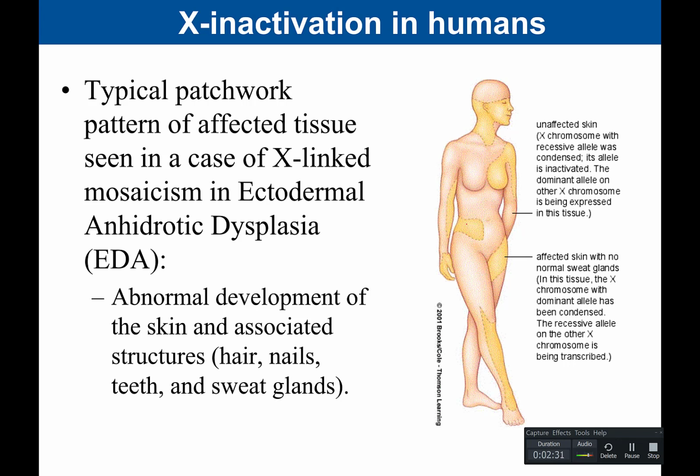In some of her cells that lead to her cones, she might have her good X chromosome inactivated and her colorblind allele expressed. In that case, she might have a milder form of colorblindness. She might not be fully colorblind, but she might have a more difficult time distinguishing between closely related colors, simply due to random X inactivation. It might be that her good X is the one that inactivated. And so this is looking at some X inactivation in humans.